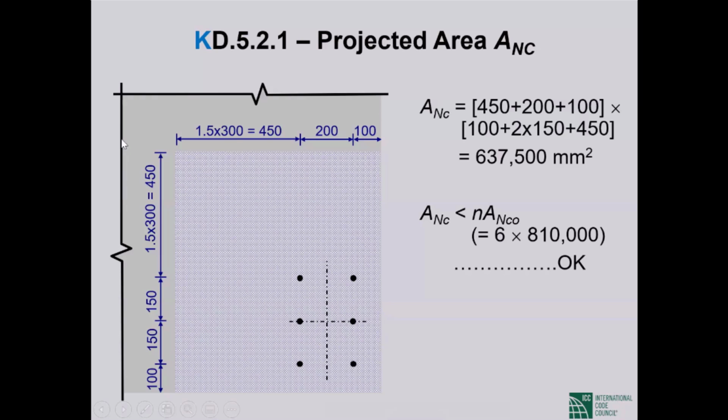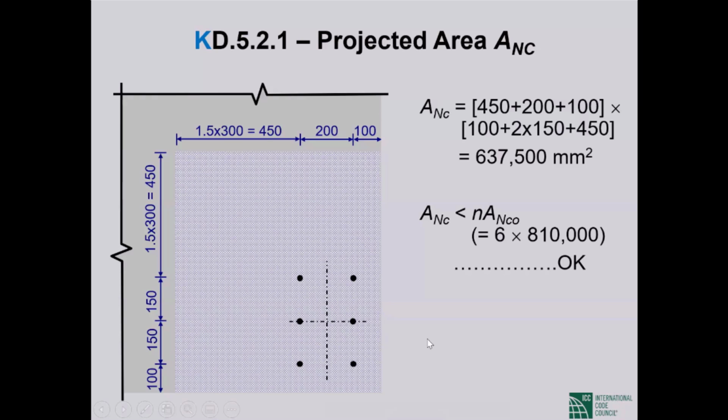So our A sub n is 450 plus 200 plus 100, multiplied by 100 plus 2 times 150 plus 450. All of that gives us 637,500 square millimeters. A sub n cannot be any larger than n times A sub n0, and we satisfy that requirement.